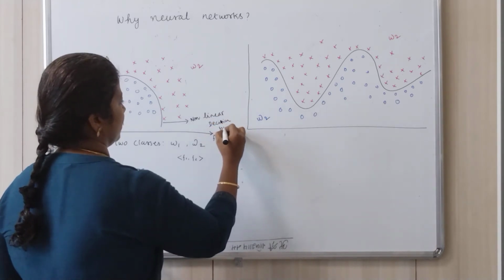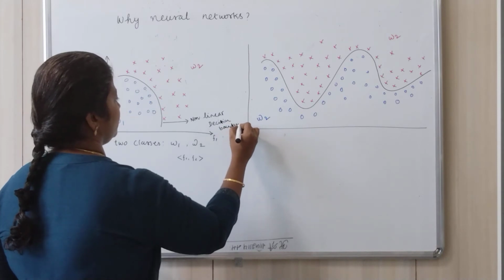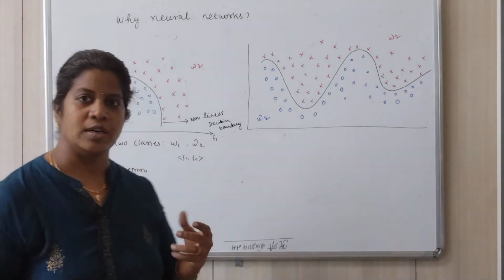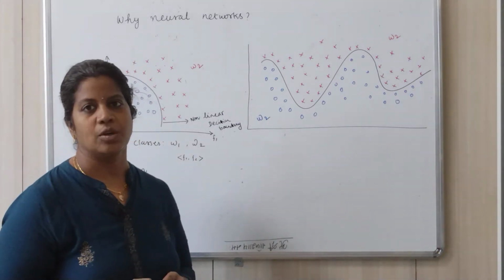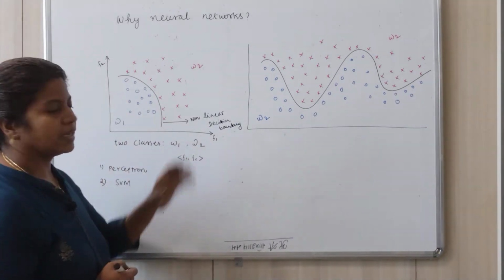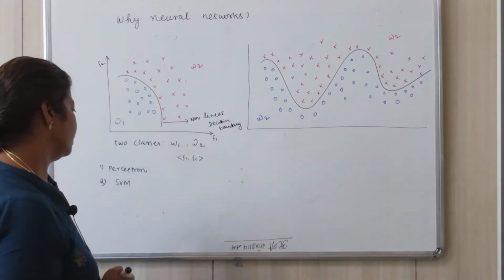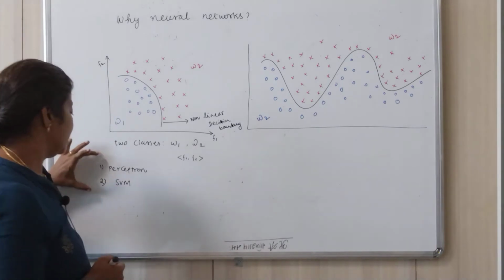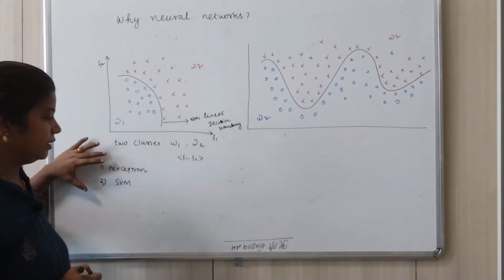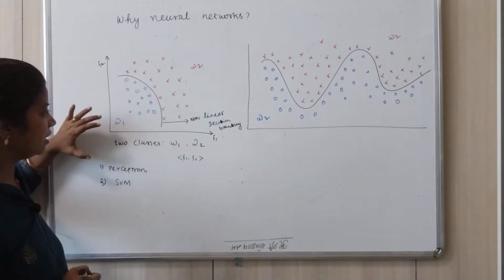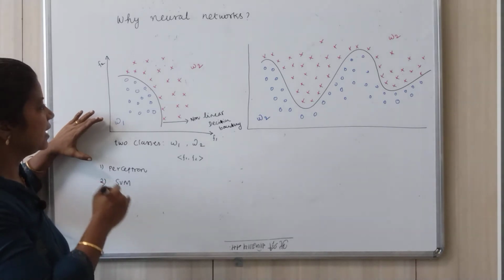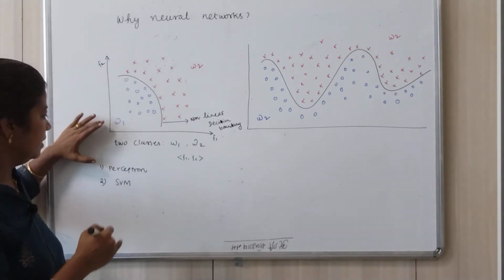The most popularly used non-linear decision boundary is the quadratic classifier, and at the most we can go for the cubic classifier. Perceptron and SVM assume that if the classes are linearly separable, we can have a decision boundary.